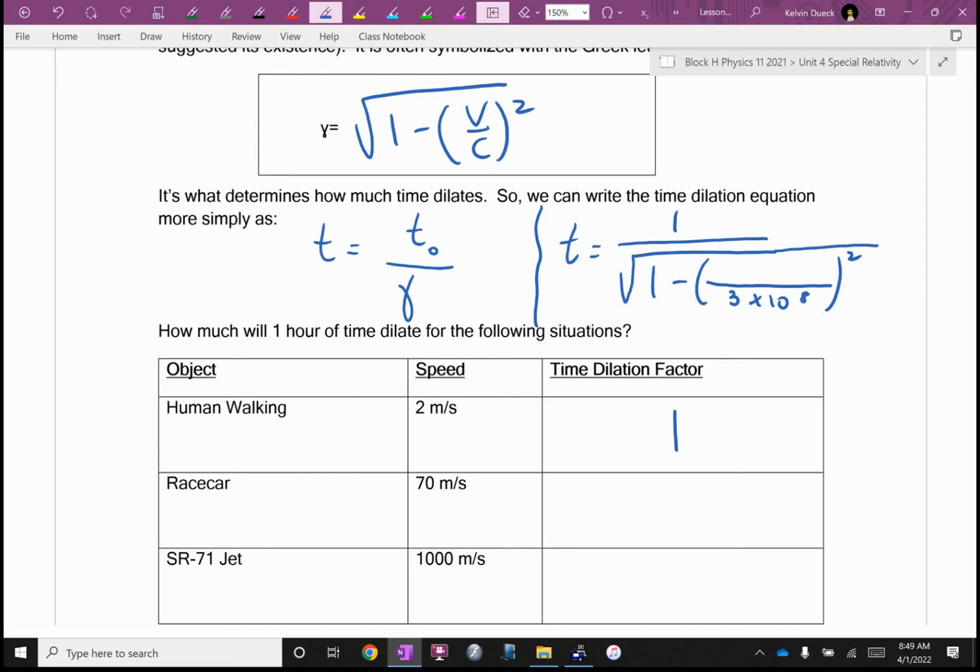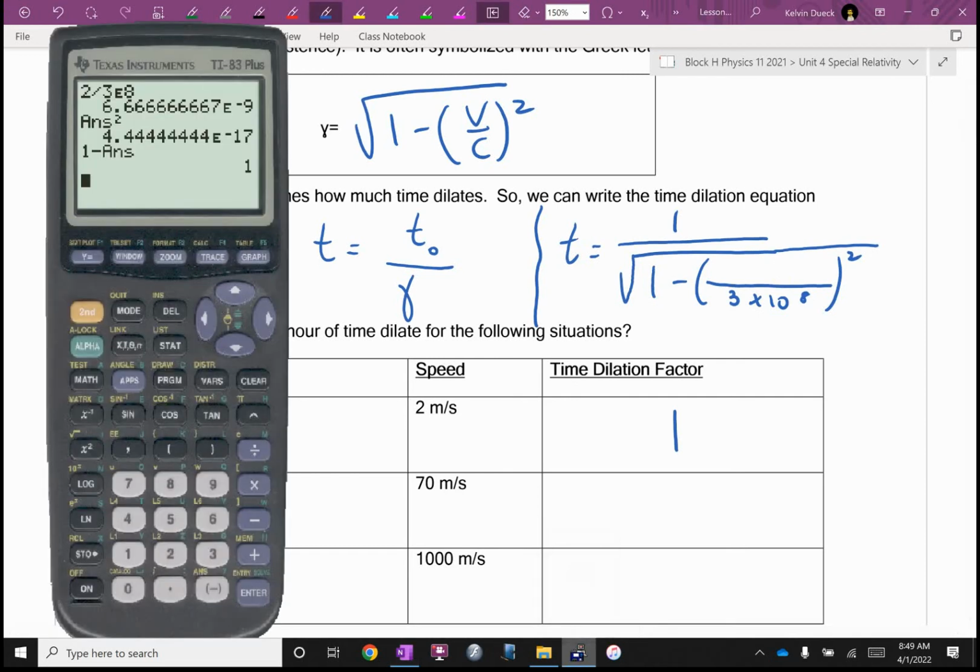Okay, let's go faster. What about on a race car? Let's put a 70 in for the speed. So 70 divided by 3 scientific notation 8, and you should have 2.3333 times 10 to negative 7. Then squared, and hit equals.